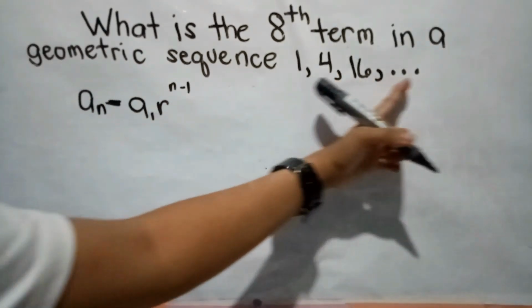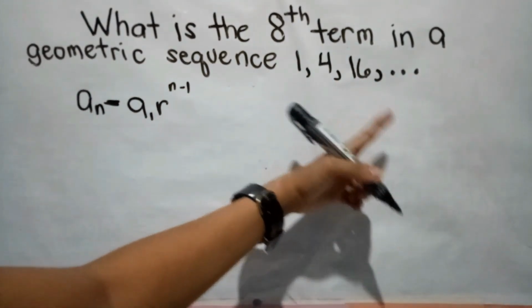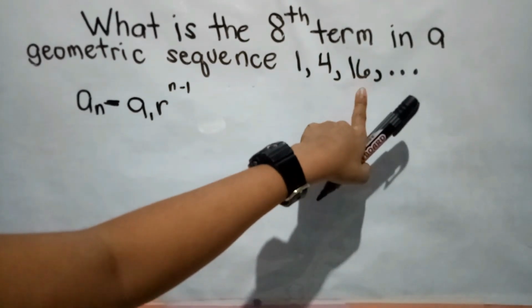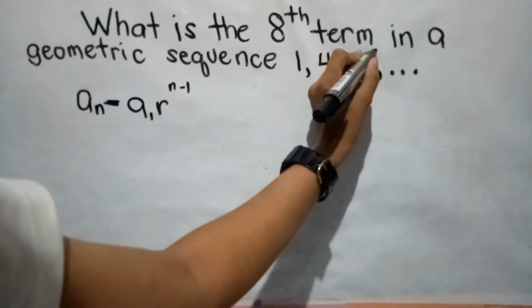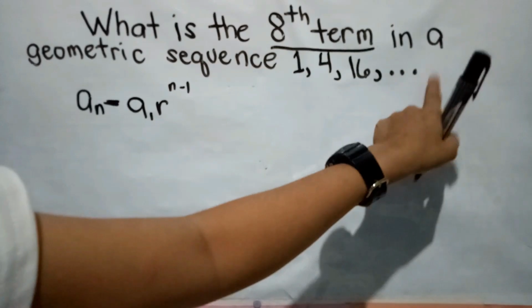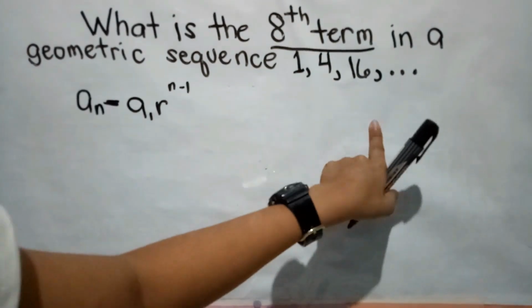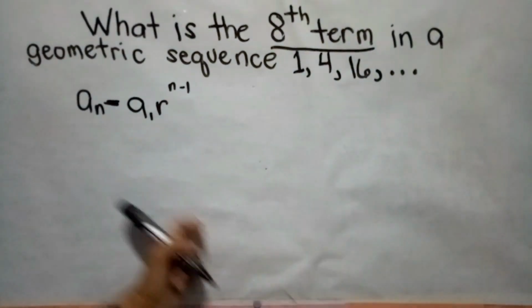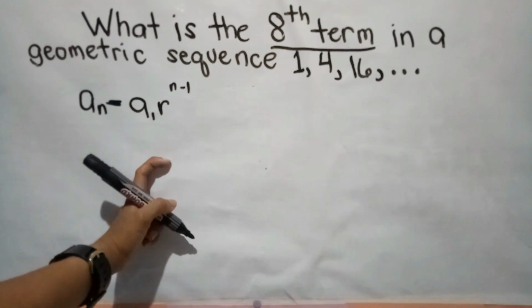If you want to do it manually, you can use the formula of getting the common ratio, then multiply it to the last term, which is the third term, so you will get the fourth term. But since we are looking for just one term, which is the 8th term, I suggest that you don't do it manually. We will calculate it by using this formula, so it will be easy for you and less time consuming.